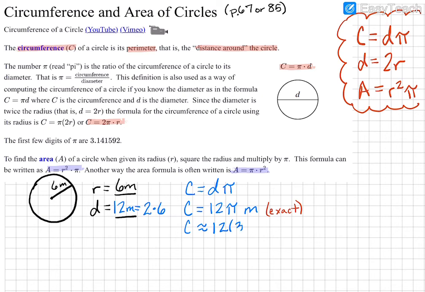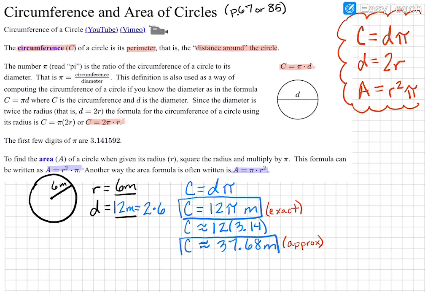So we will multiply by 3.14 to find our approximate circumference. The wiggly equal sign means approximate, and when I multiply those, I get 37.68 meters. Again, because we estimated pi to be 3.14, mathematicians would say that is the approximate circumference. That is the exact, and this is the approximate.